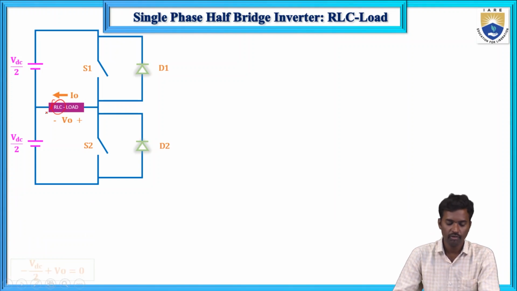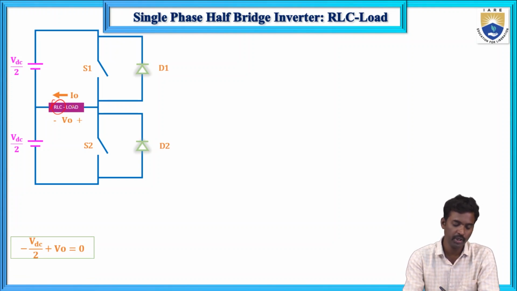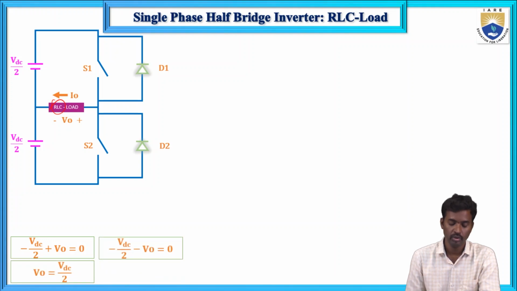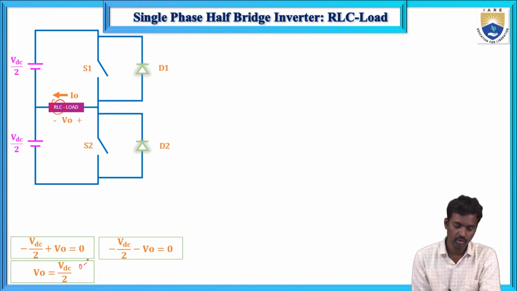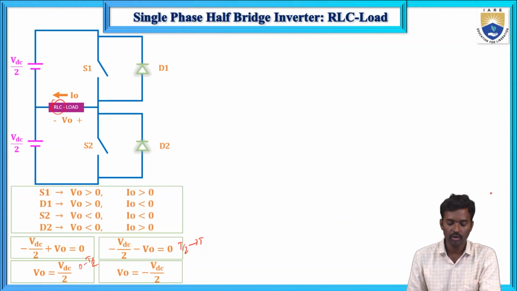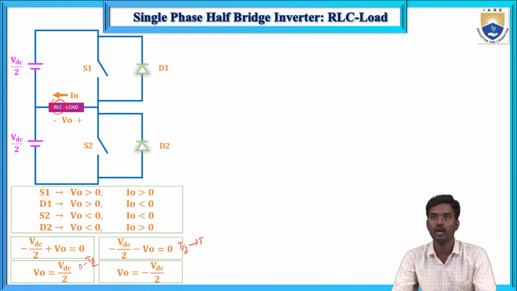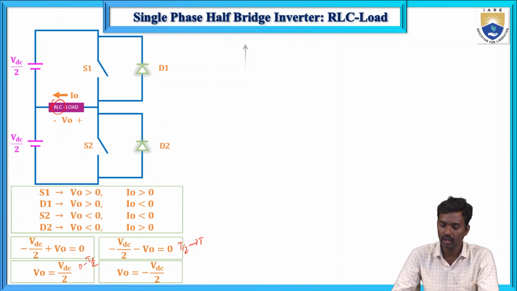Here V naught equals minus VDC by 2 from 0 to T by 2, and V naught equals VDC by 2 from T by 2 to T. This we have already discussed. And now this is a switching configuration in the RLC type of circuit, so that we will see.